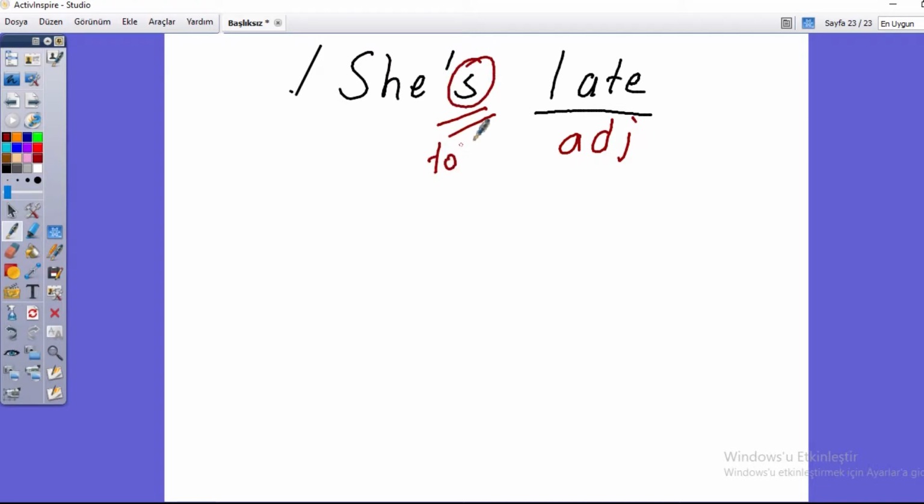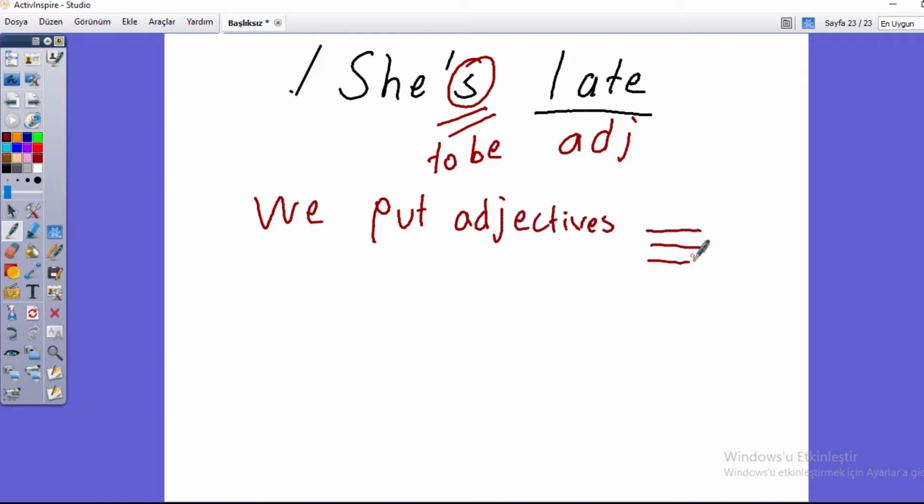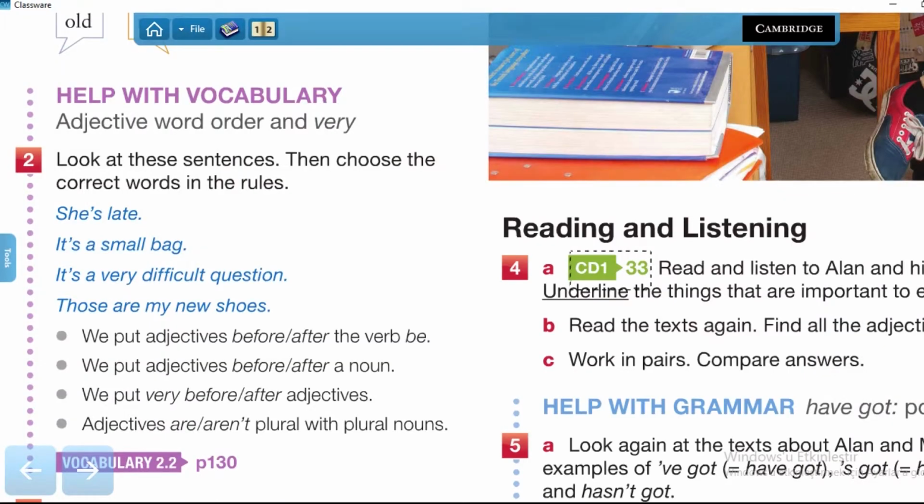"Is" is the "to be". So we put adjectives after the verb be. Let's write it. This is the first rule. We put adjectives after the verb be.